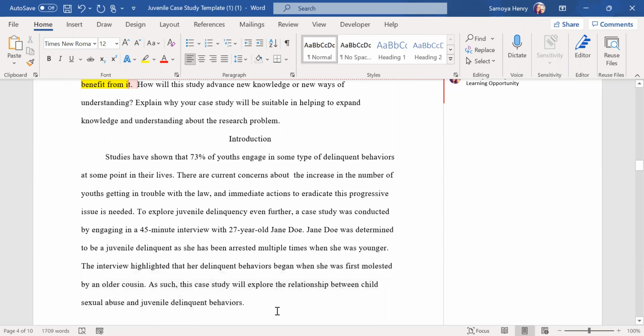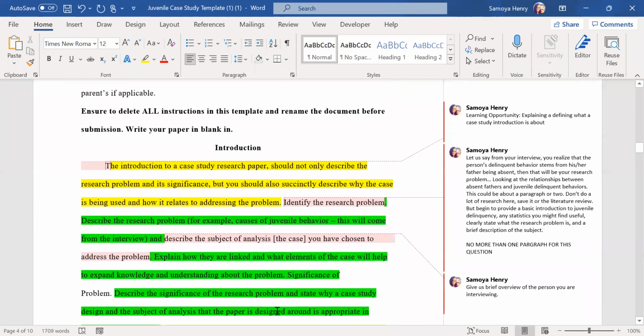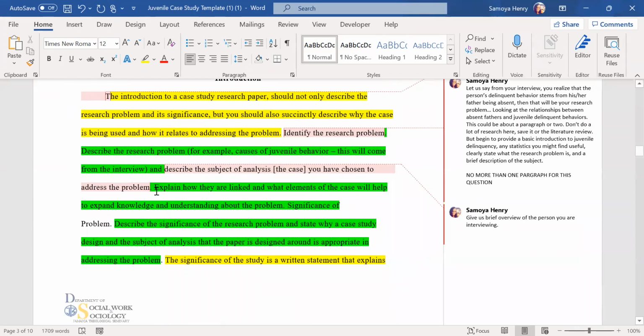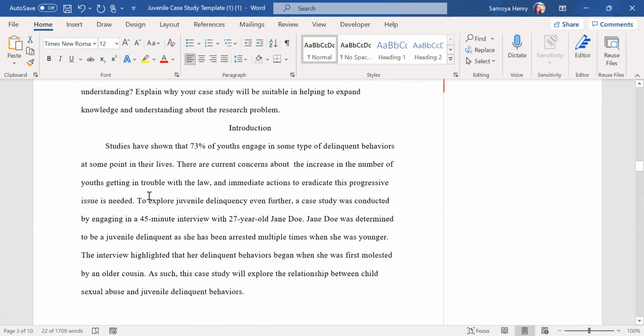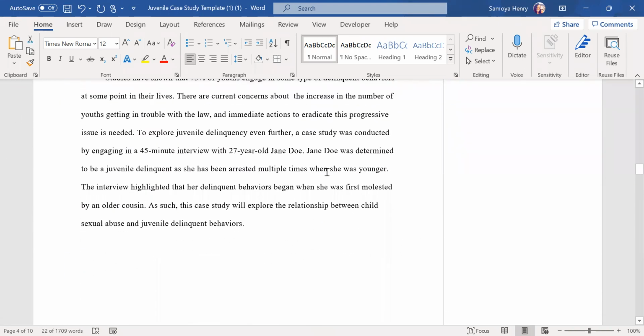Now you see how the answering of the question was literally one sentence or two, right? Okay, so let us move on. Explain how they are linked and what elements of the case will, and I already did that. I already explained how it was linked, because I said she was first molested by her older cousin. Do you see that linkage here?